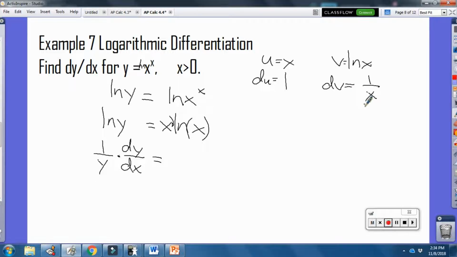Okay, so when I use the product rule, I'll get x times 1 over x. Now if I were consistent, I would multiply by the derivative of x here, but the derivative of x is dx dx, which is 1. So it's the product rule. Now we're going to do 1 times ln of x.